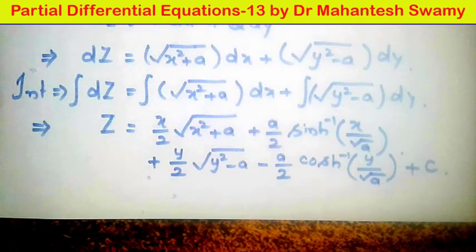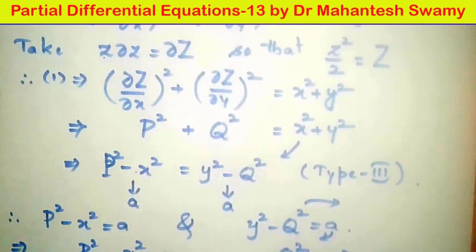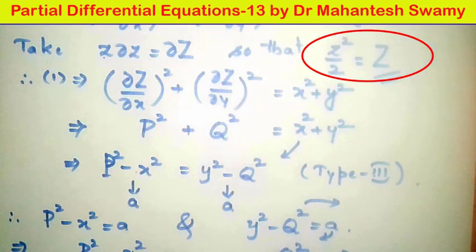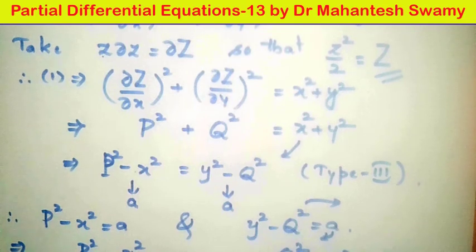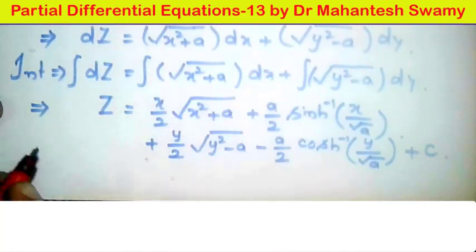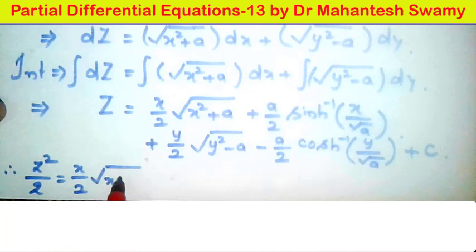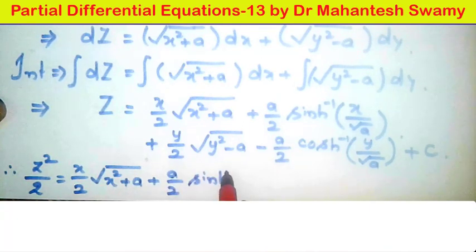Now if we substitute back the value of Z, the value of Z should be taken back from this expression, and the value is Z square by 2. Let us write down that value over here and get the final answer. Therefore Z square by 2 equals x by 2 root of x square plus a, plus a by 2 into sine hyperbolic inverse of x by root a.